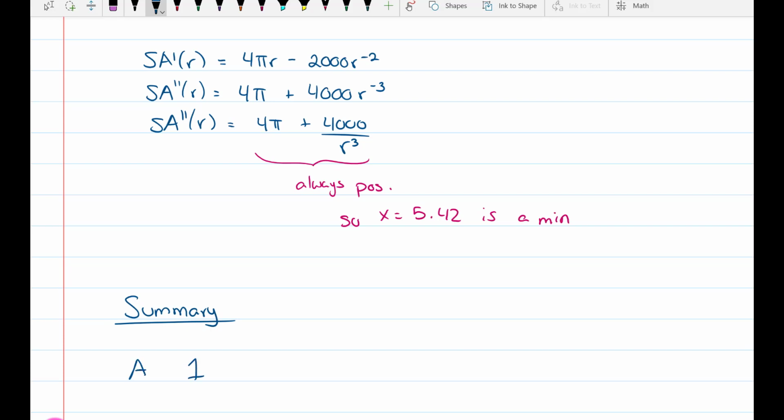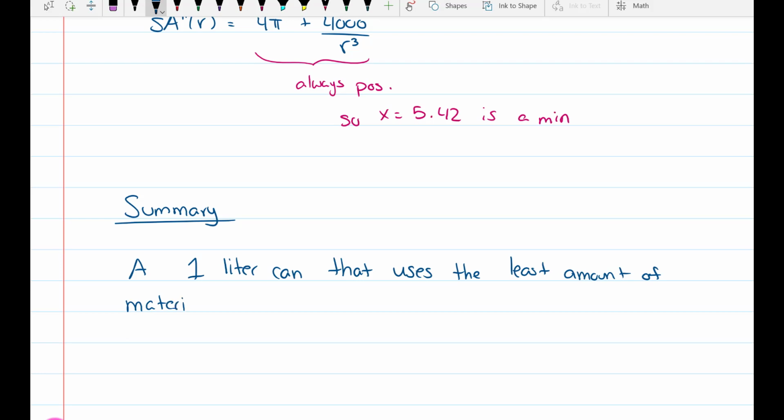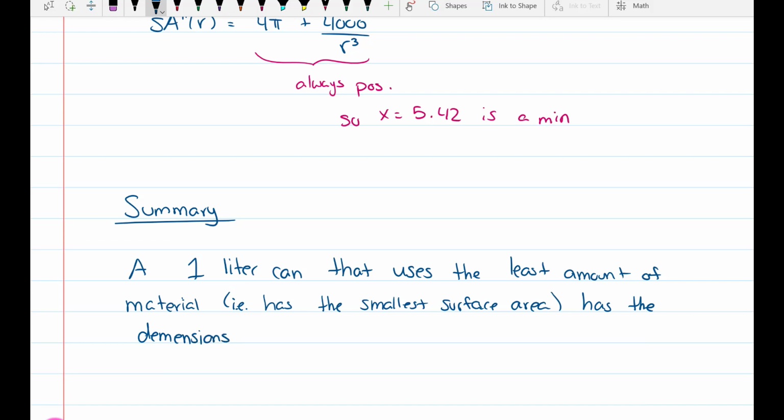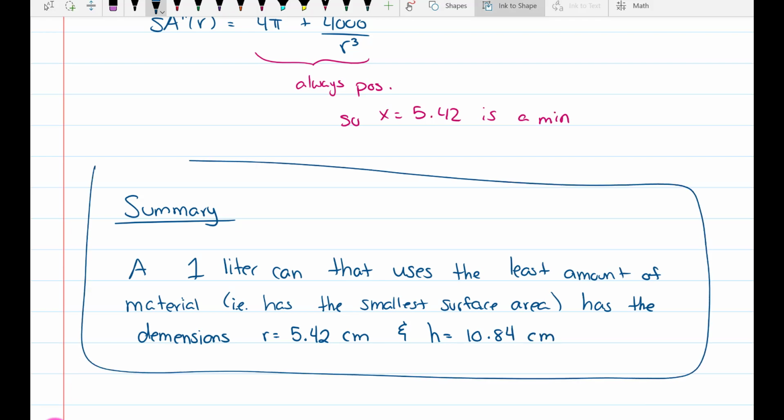So a 1 liter can that uses the least amount of material, i.e. has the smallest surface area, has the dimensions r equals 5.42 centimeters and h is equal to 10.84 centimeters. And that is your answer.